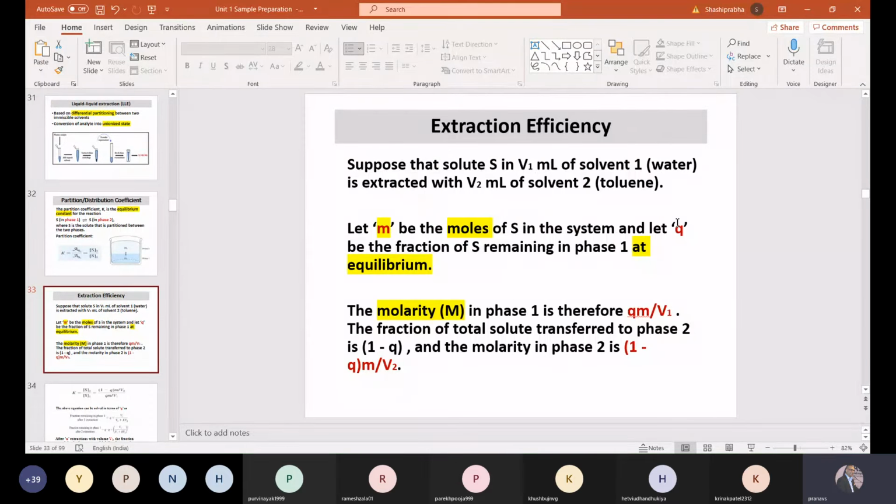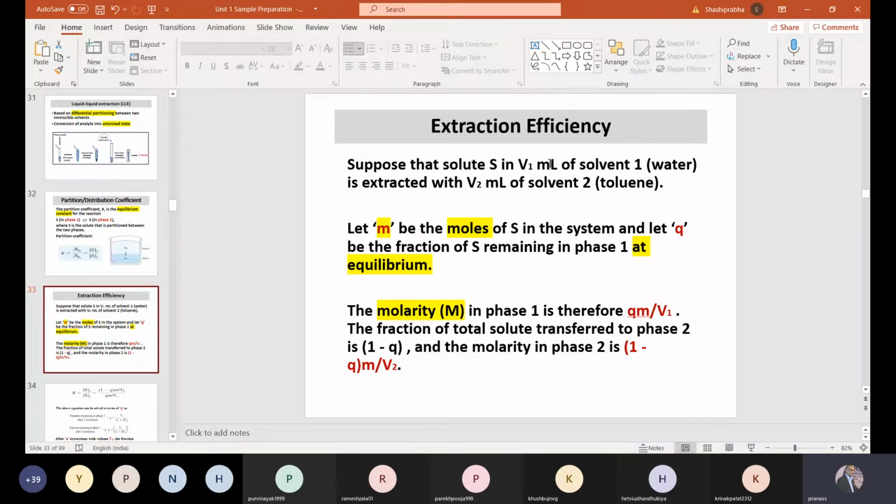Then we moved on to calculate the extraction efficiency of any separation. Now for that, where are we heading now? We are heading towards some quantitative measures where we can find out how much is extracted and what is the efficiency of extraction.